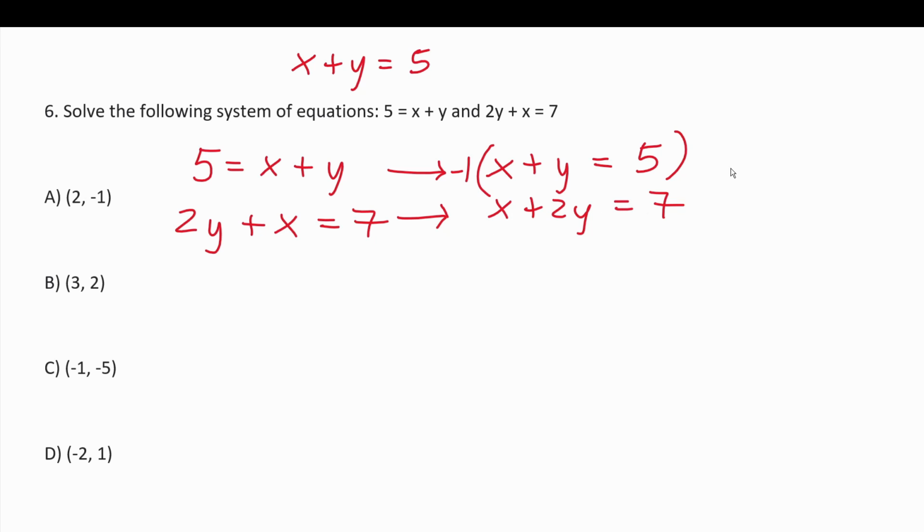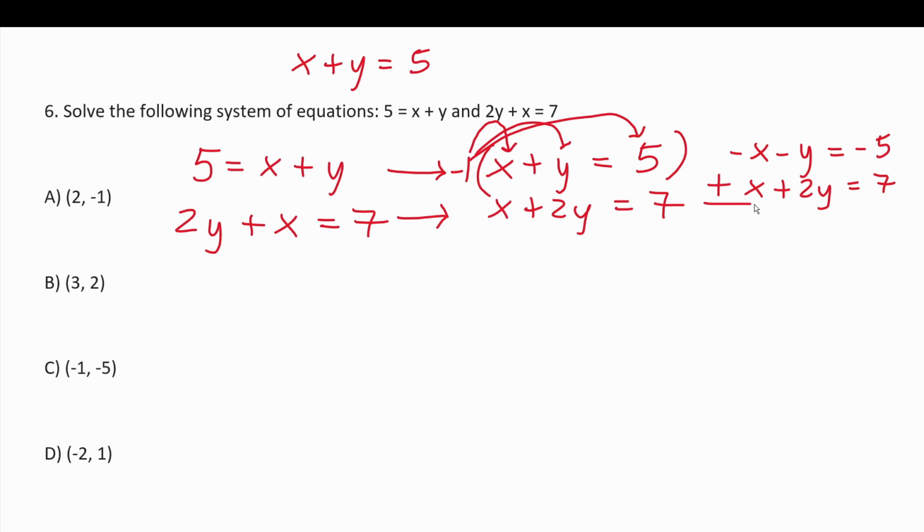So let's go ahead and do that. And I'm going to write that off to the side here. Again, we're taking this negative 1 and multiplying it here, here, and here. So negative 1 times x is negative x. Negative 1 times y is negative y. Negative 1 times positive 5 is negative 5. Then we're just going to copy down this second equation, x plus 2y equals 7.